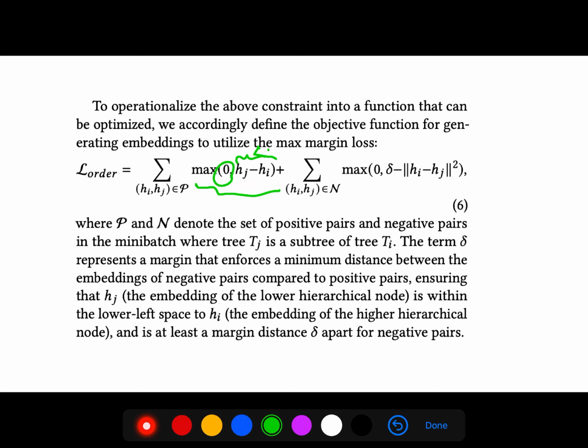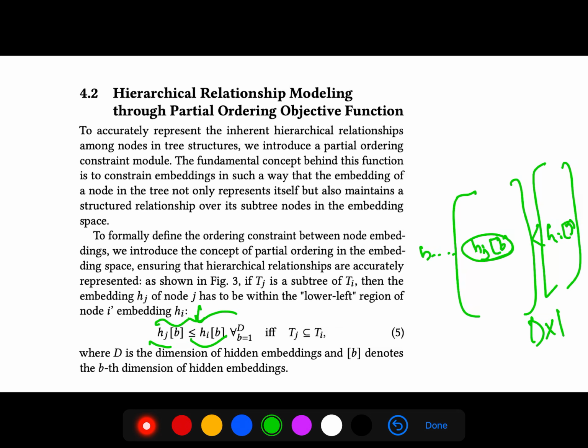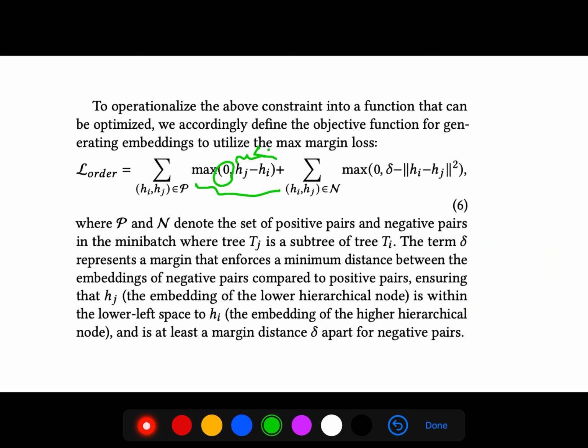So the loss is small, 0 is small. Otherwise the loss increases, so we want to make sure that the loss does not increase. And if the loss decreases, it means that the preservation of these relationships is satisfied.